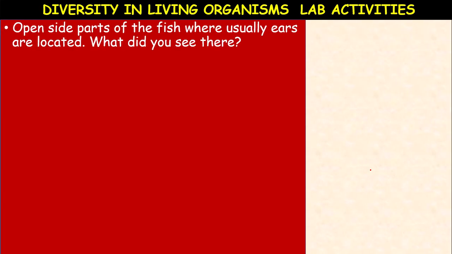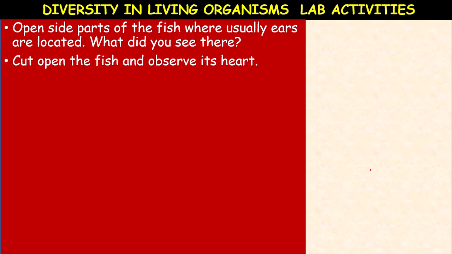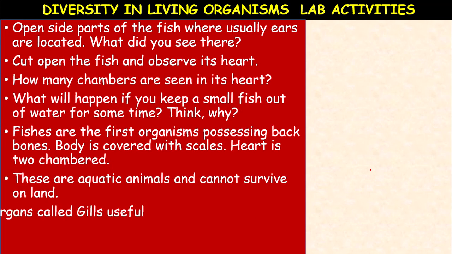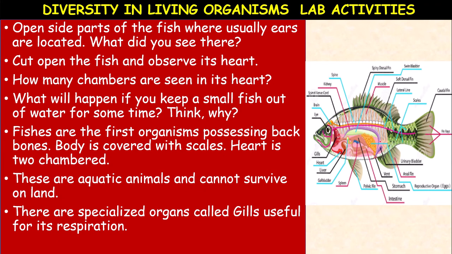Open the side parts of the fish, where usually ears are located. What did you see there? Here, in the side portion, when you open, you can see the eye and the brain part. Okay, so cut open the fish and open its heart portion.